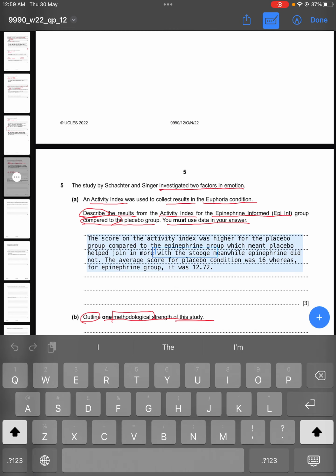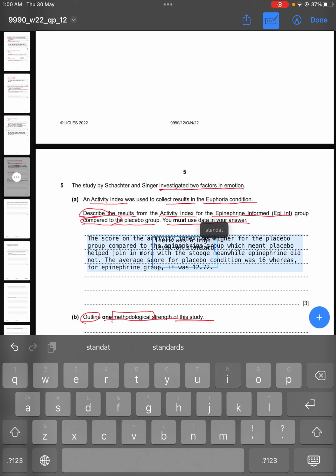So let's say I can write that there was a high level of standardization, so replicating the study is easier, which also allows for retest reliability.